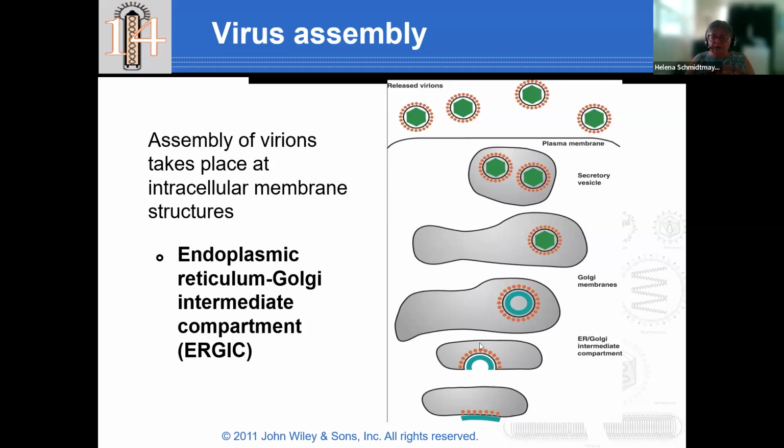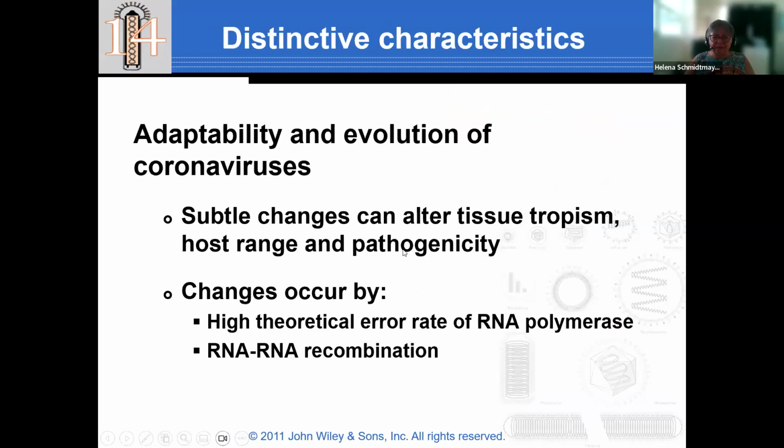So the virus starts to assemble and form immature virions inside the ER and Golgi. And as it travels through the Golgi, those polyproteins are cleaved, and in those secondary vesicles, the virus is brought outside of the cells. So basically, the virus is released within those secretory vesicles.